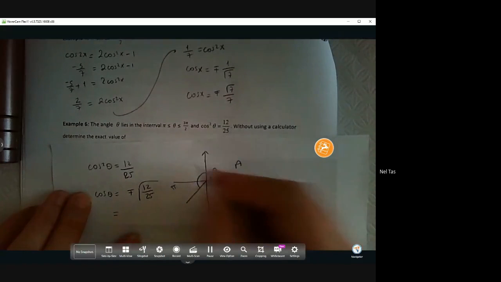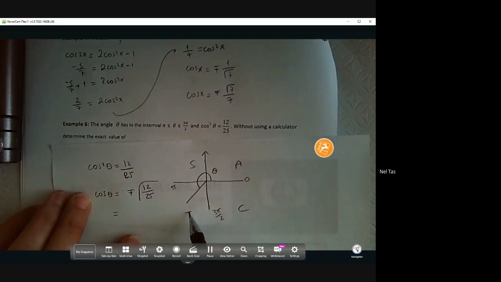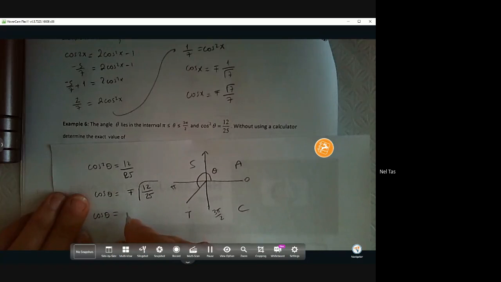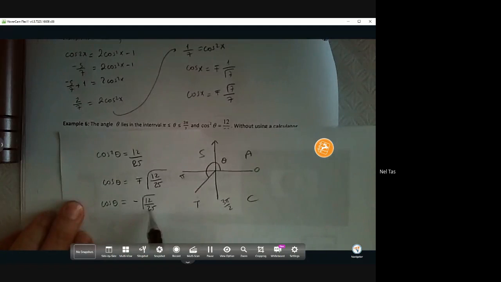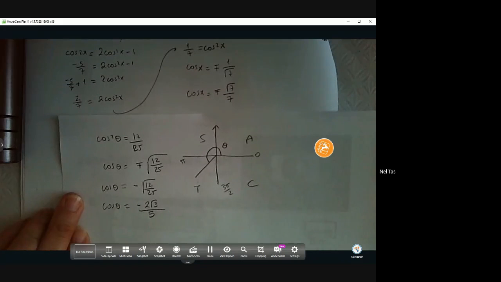Using CAST, we know that only tangent is positive in the third quadrant, so cosine must be negative. We cannot take the positive value, so we can only take the negative root of 12 over 25. Let's simplify this radical. Root 12 is 2 root 3, and the square root of 25 is 5. So this is cos theta. You also need sine theta.